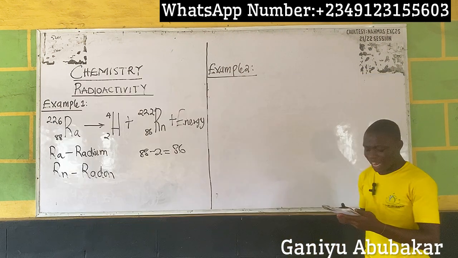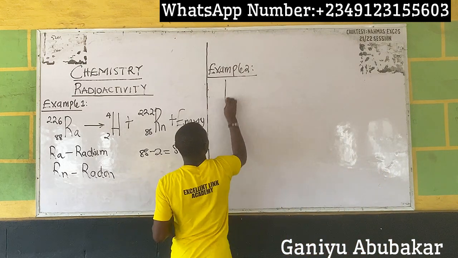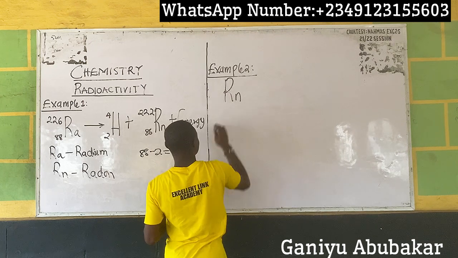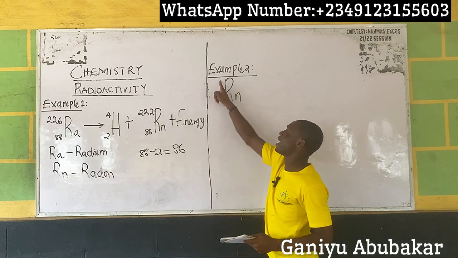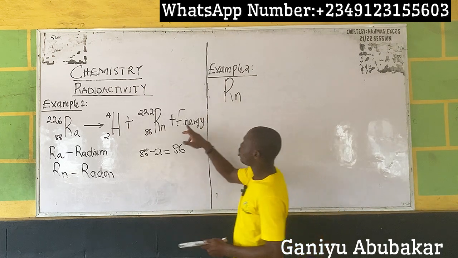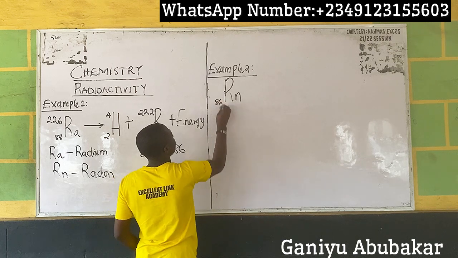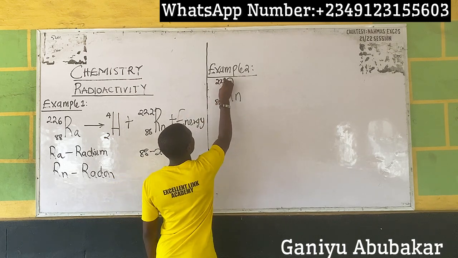Radon is Rn. In accordance with the first example, they didn't give us the atomic number and the mass number. They expect we know it, since we just got the value. The atomic number is 86 and the mass number is 222.